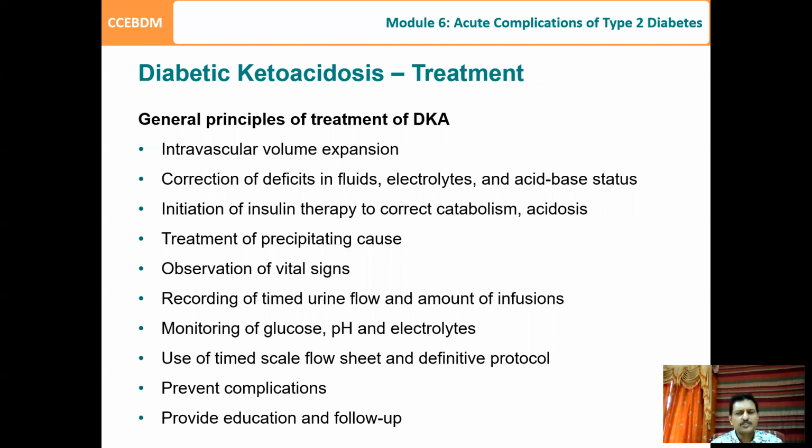Most importantly is the infection. And in case of type 2 diabetes mellitus, as I've told you, we have to look whether the patient had suffered from myocardial infarction or not, a cerebrovascular accident or not, if there is any drug exposure or not, or if there is any other important acute illness or not.